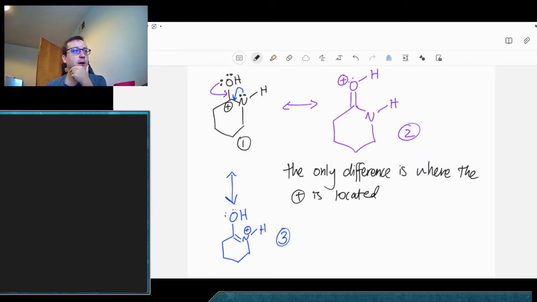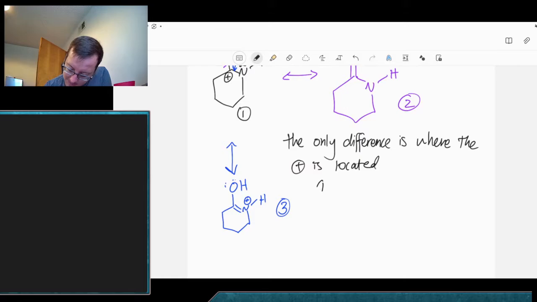And so we have to think, okay, in molecule 1, it's on carbon. On molecule 2, it's on oxygen. In molecule 3, I'm sorry, these are not different molecules. They're the same molecule, but different resonance forms. In form 3, it's on nitrogen.